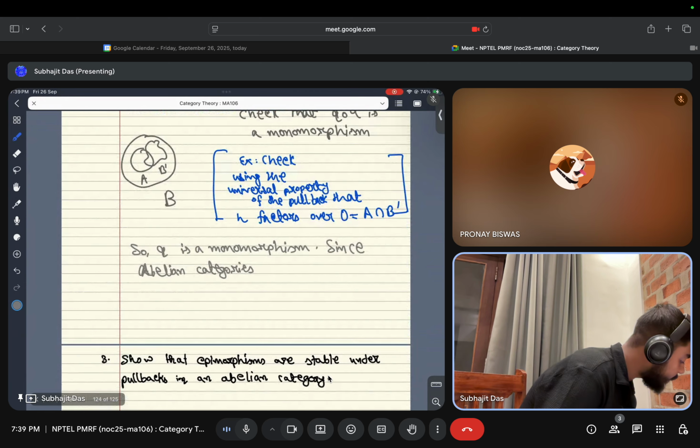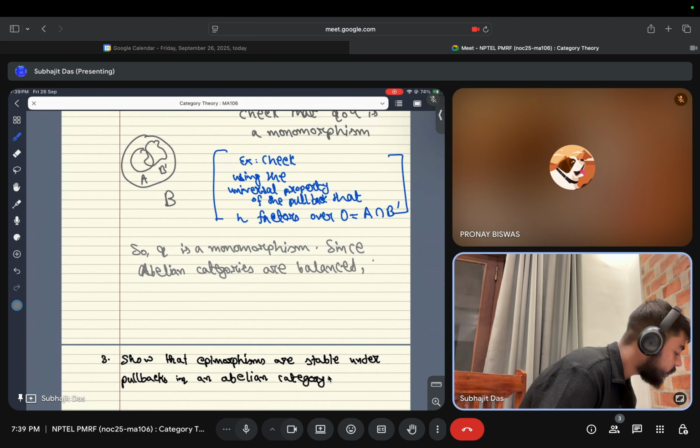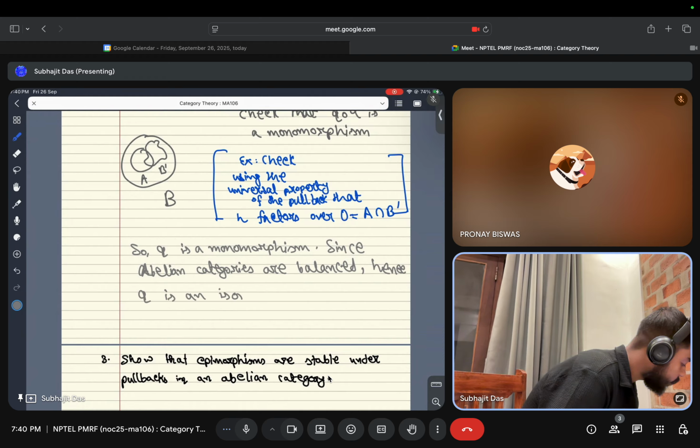So since abelian categories are balanced, hence Q is an isomorphism.